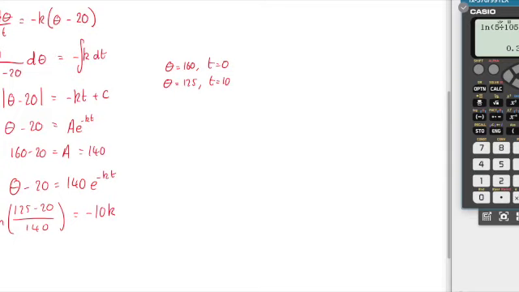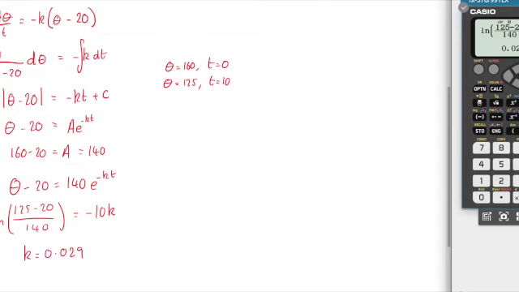So that therefore means k is ln of 125 minus 20 over 140, divided by minus 10, which gives me k is 0.0287.